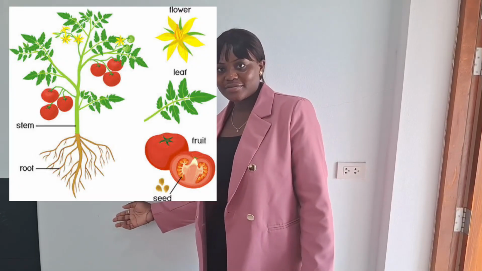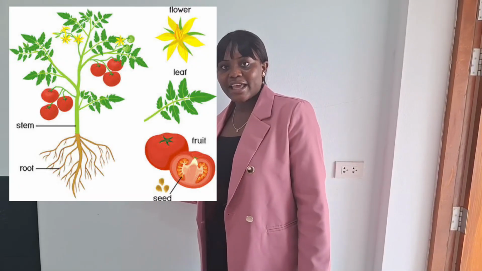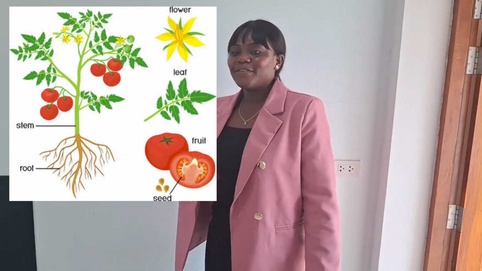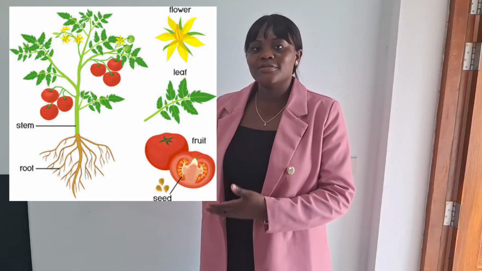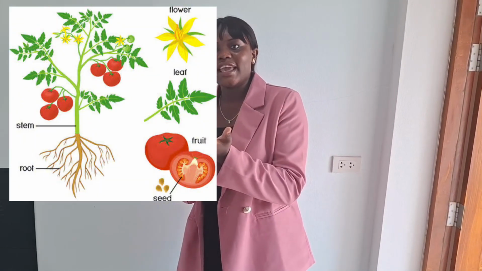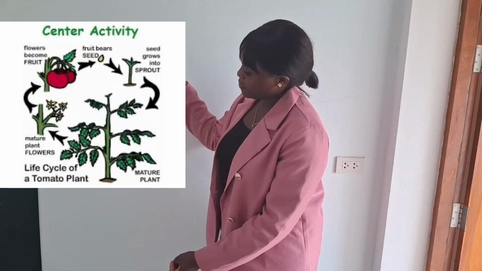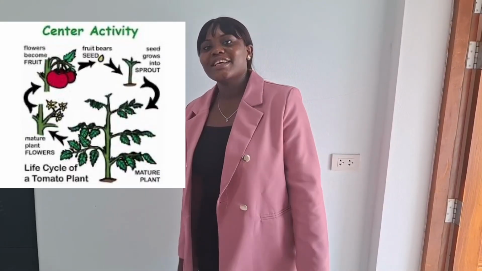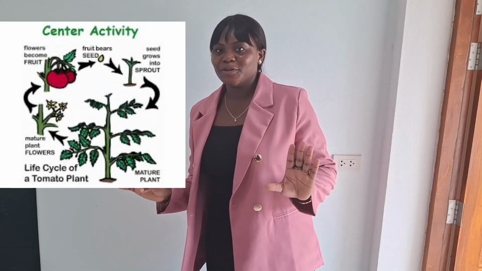The roots, the stem, the leaves, the flower, and then the fruit. And in the fruit, what do you see? Seeds. And we plant, the process begins and continues just like that. It's a circle.